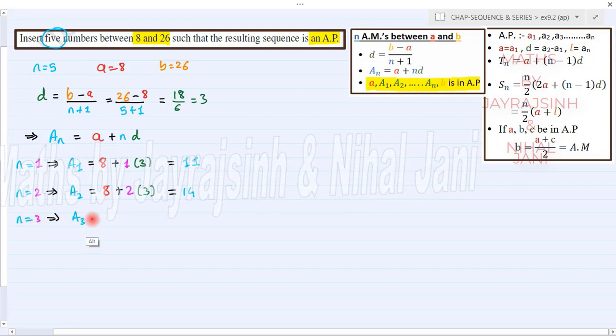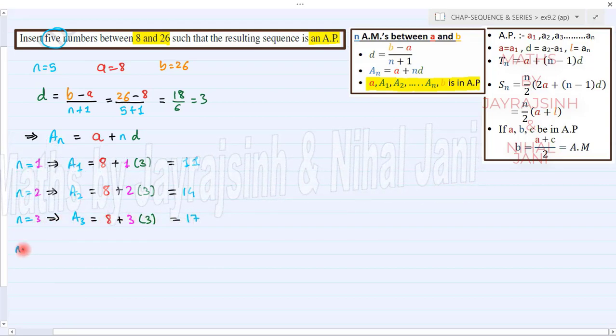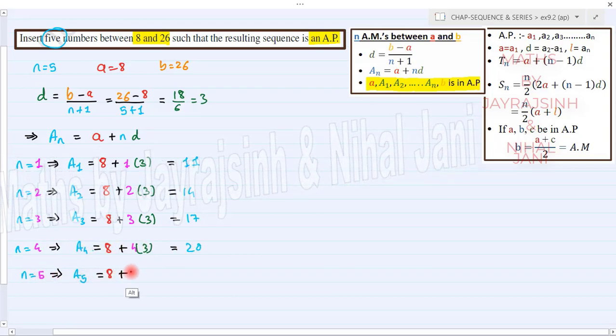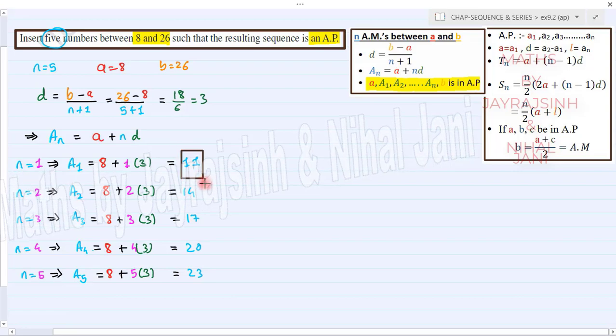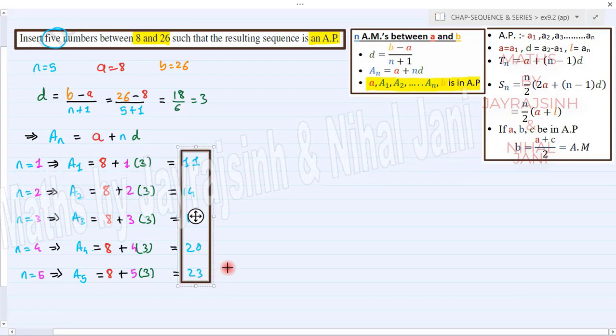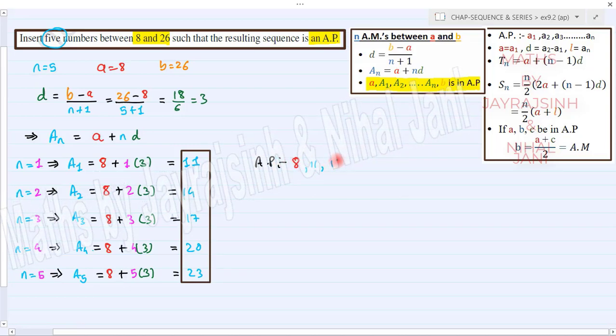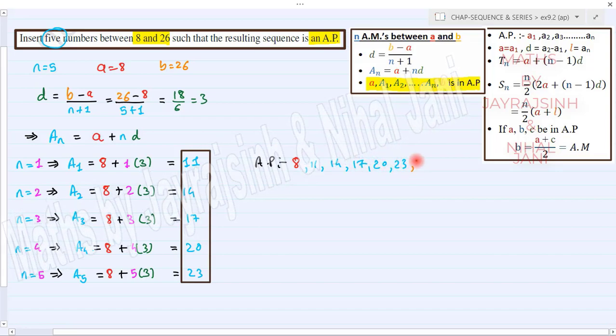Similarly, your third mean will be 17, then fourth will be 20, and fifth will be 23. So we get our required numbers, and your arithmetic progression will be 8, 11, 14, 17, 20, 23, and 26. Ta-da!